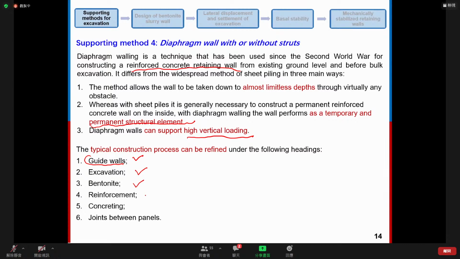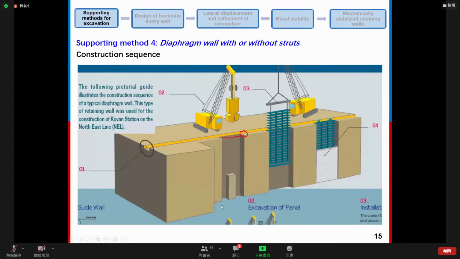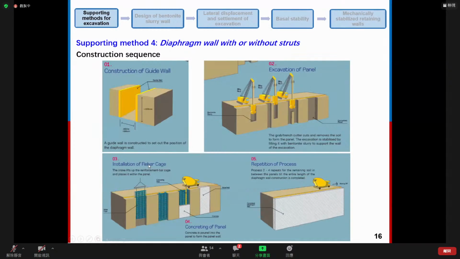We install the rebar cage and do the concreting. And then we connect each two panels to form an entire wall. So here you can see the construction sequence of how to construct a diaphragm wall.